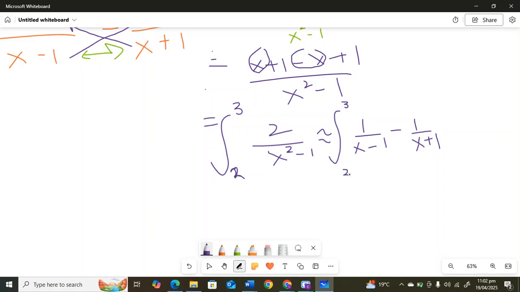Do we remember how to integrate this? From question 11, partial fractions, the second part.